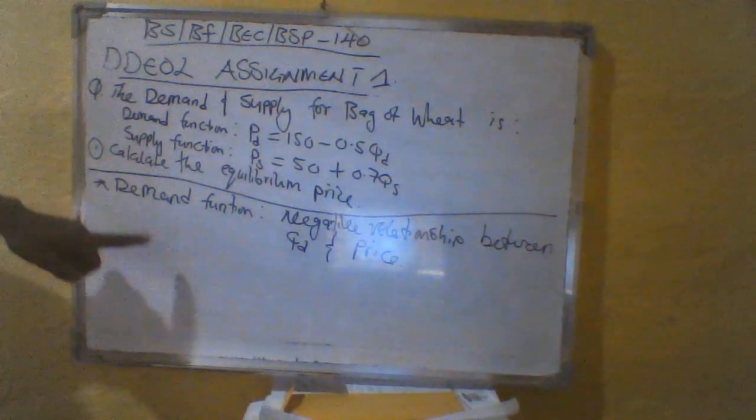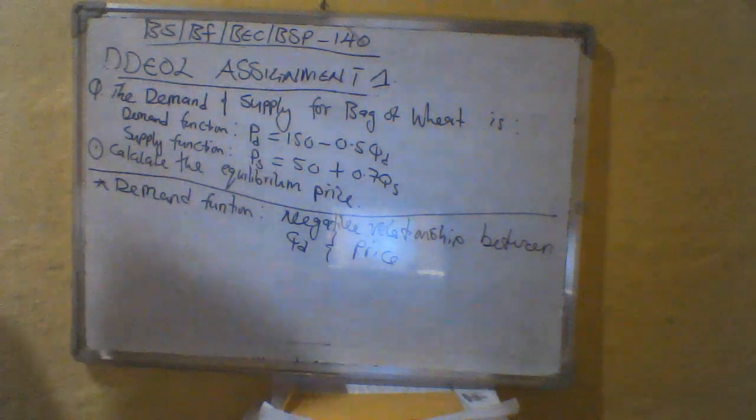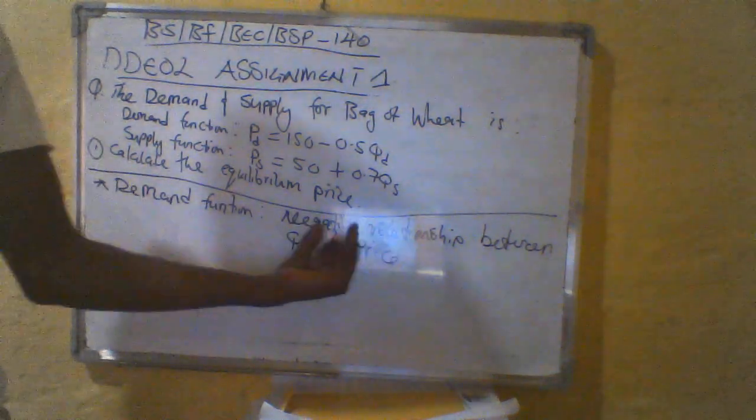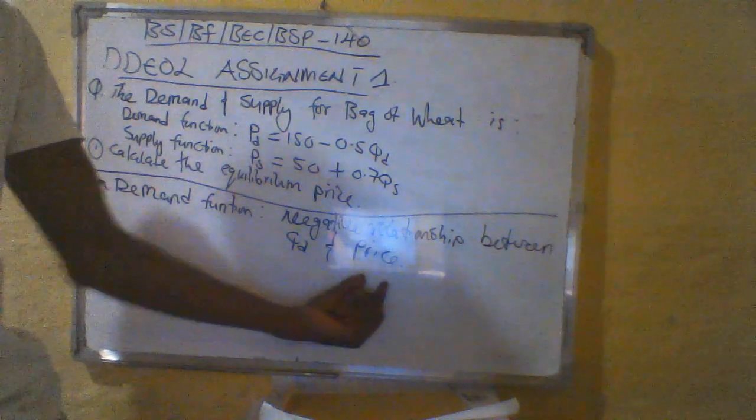So when you look at the demand function, this is a function which shows a negative relationship between the quantity of demand and the price.